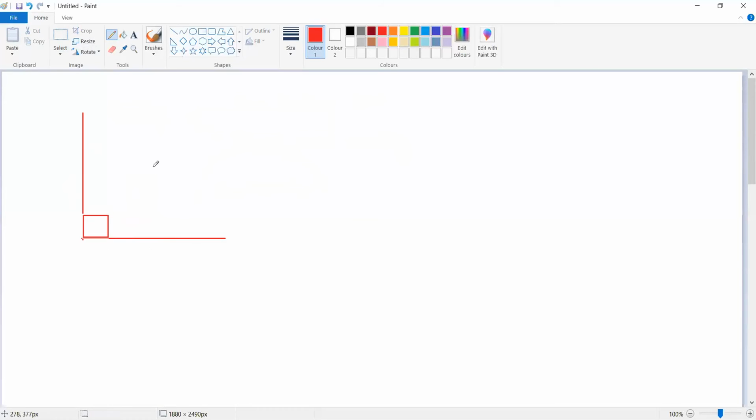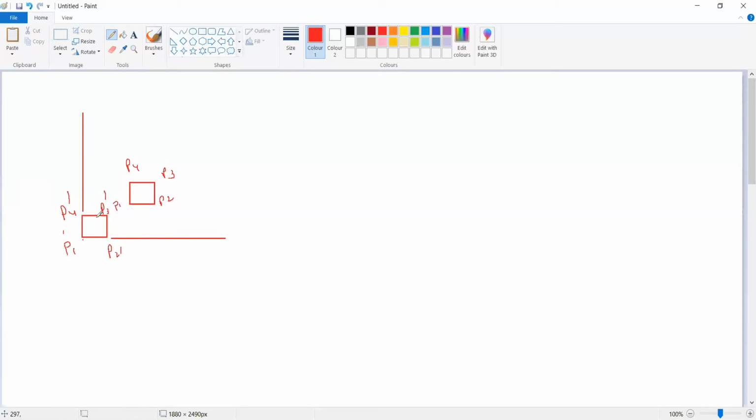So previously the points were P1, P2, P3 and P4. While you are shifting this object to the origin, all the points P1, P2, P3, P4 will change. So it will be P1 dashed, P2 dashed, P3 dashed, and P4 dashed. So those points also will be changed.